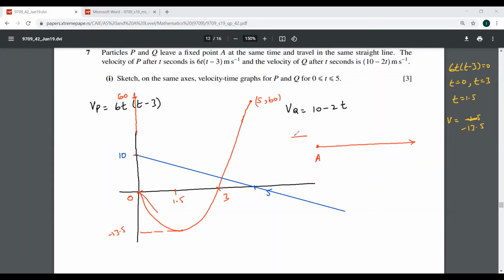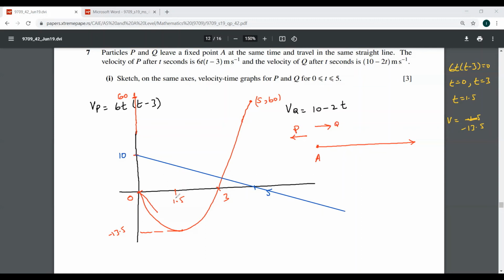This is the initial direction of P, and this is the initial direction of Q. Because for the first 3 seconds, P's velocity time graph is below the time axis, and Q's velocity time graph is above the time axis. So that means they are moving in opposite directions.